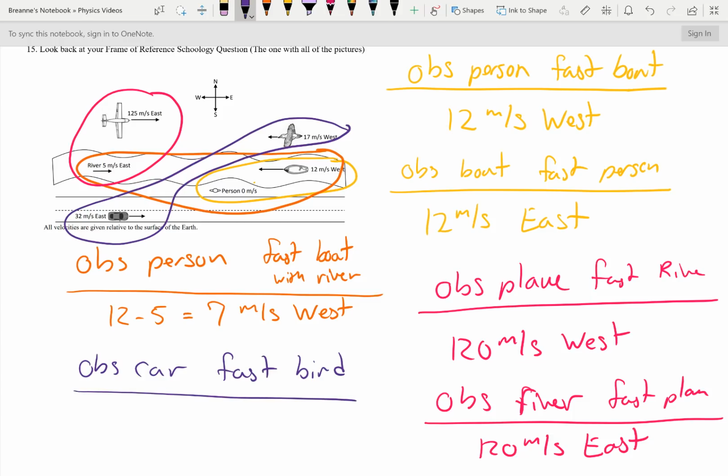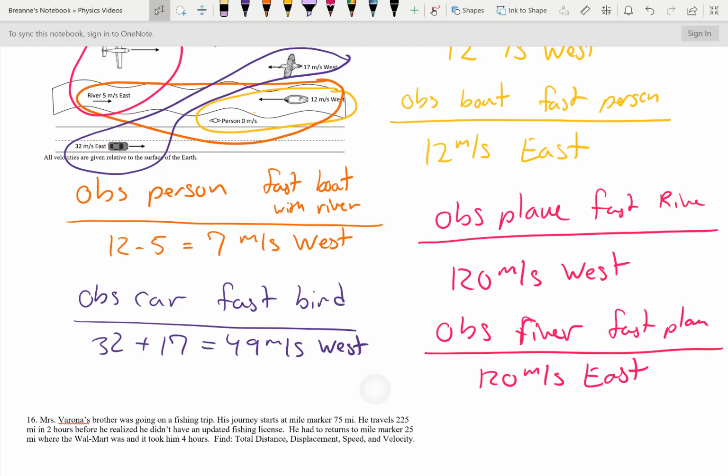We're going in the same direction, so you'll end up adding. You just do 32 plus 17, and that gets you 48 meters per second. From the car's observation, the bird is still moving west because it's coming at the car.